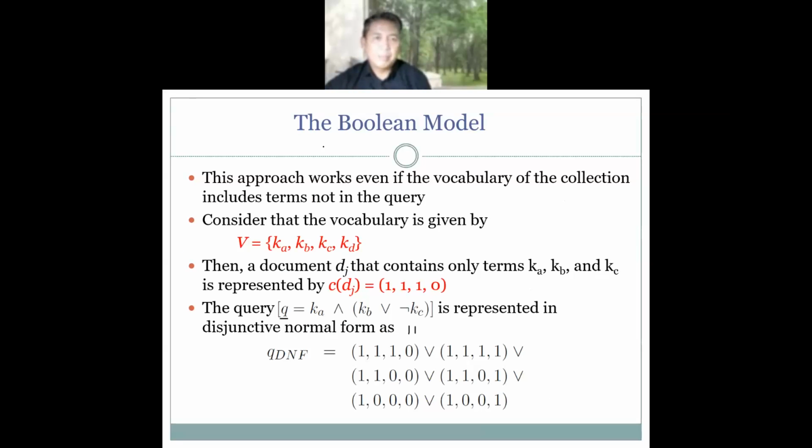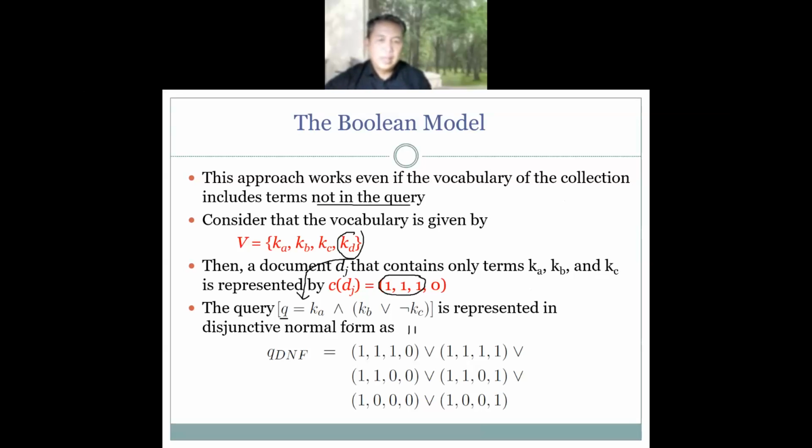They say that this approach works even if the vocabulary of the collection includes terms not in the query. For example, this term is not in the query here. For that reason, we only try to match these 3.